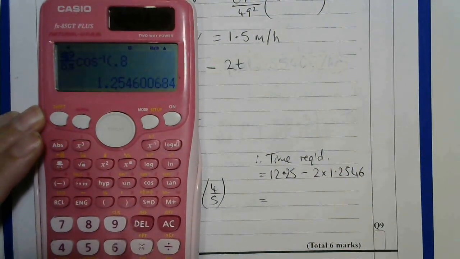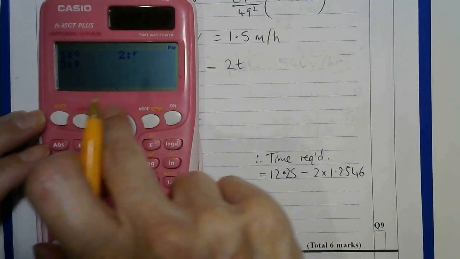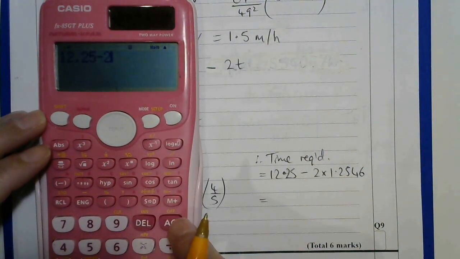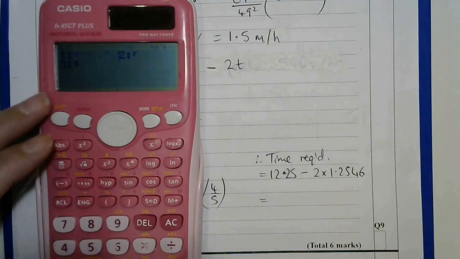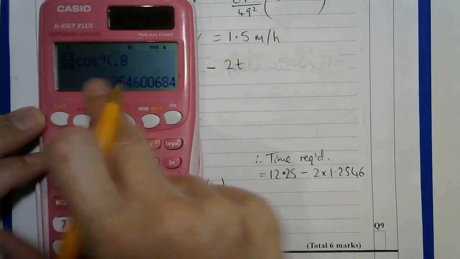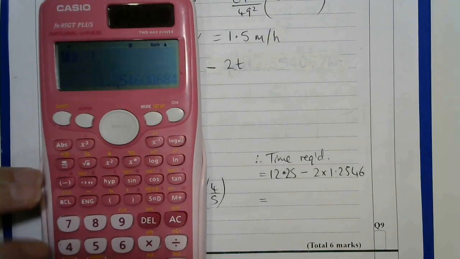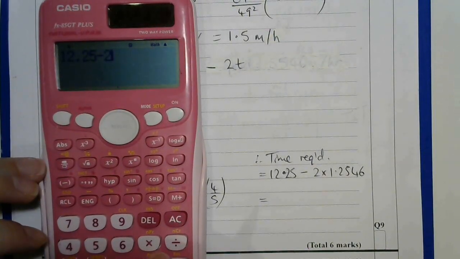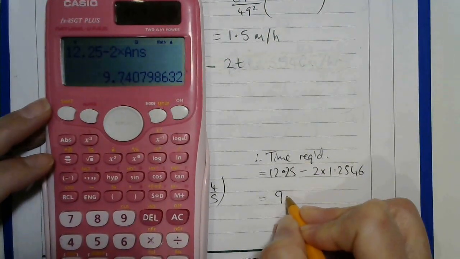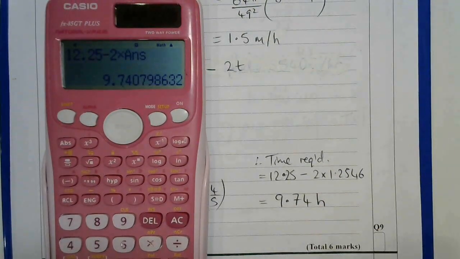Oh dear, whoops, I'm pressing the wrong thing. Right, okay, so I've got this. Okay, so you should get 9.74 hours or 9.7.